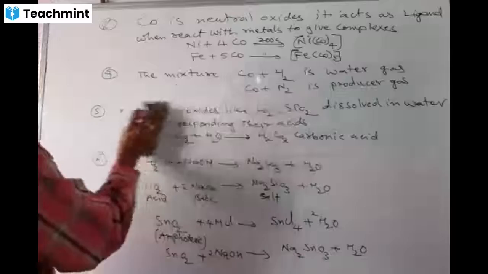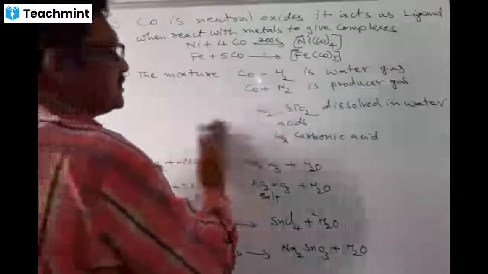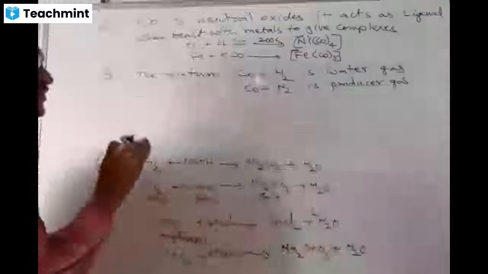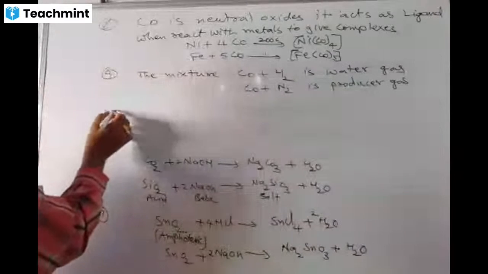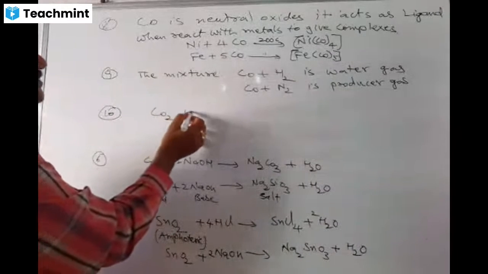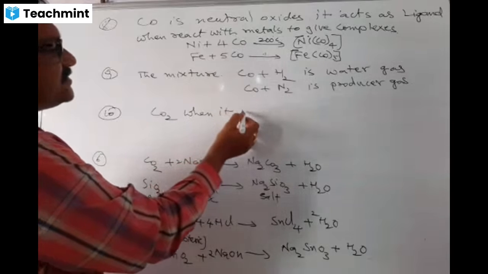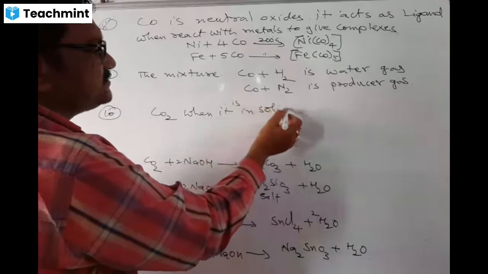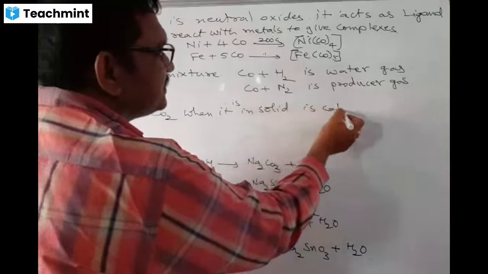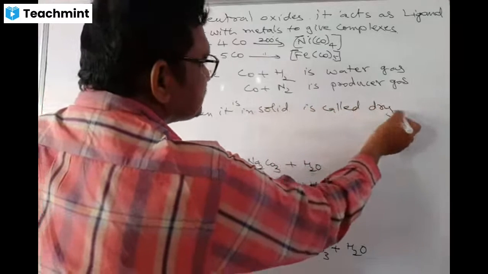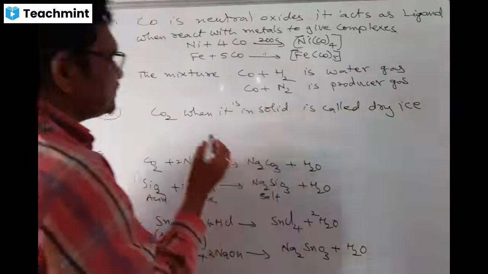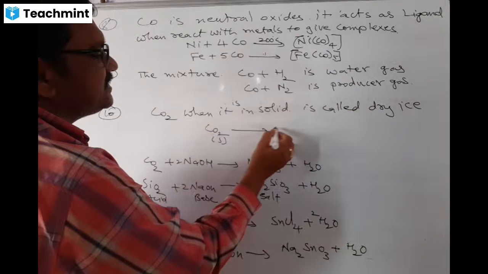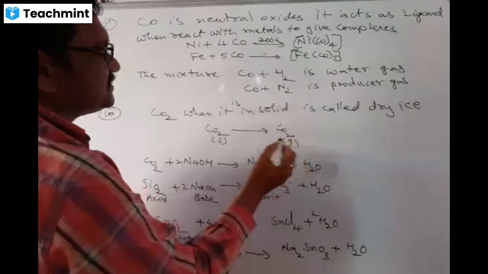Regarding this, I tell you some more about dioxides. For example, carbon dioxide, when it is solid, is called dry ice. Carbon dioxide solid directly changes to gas.